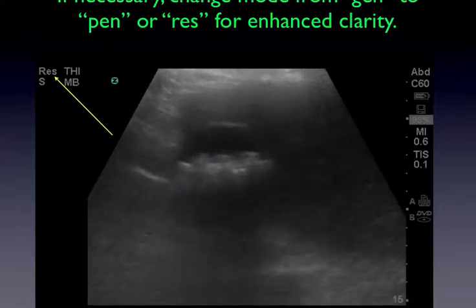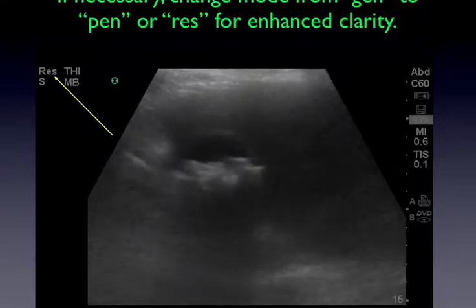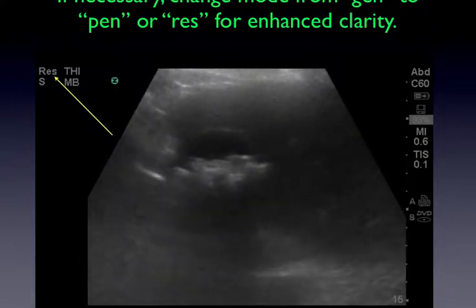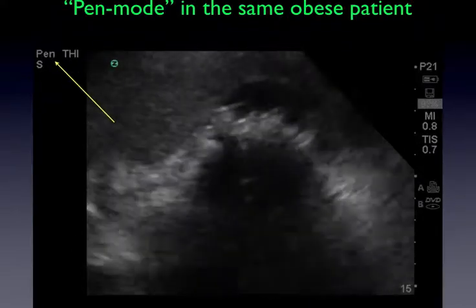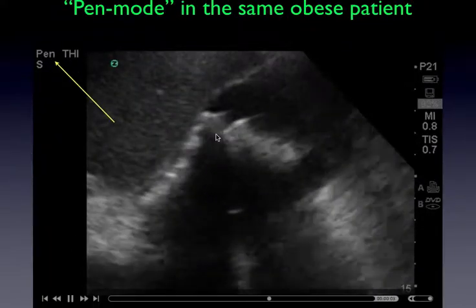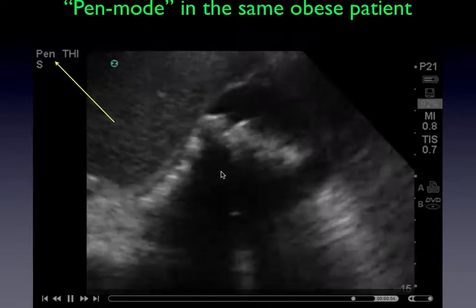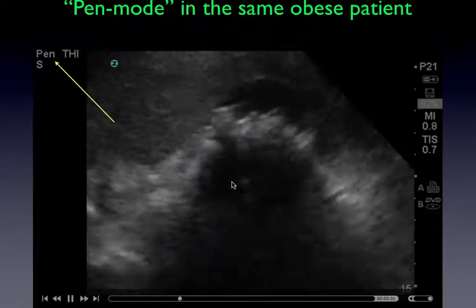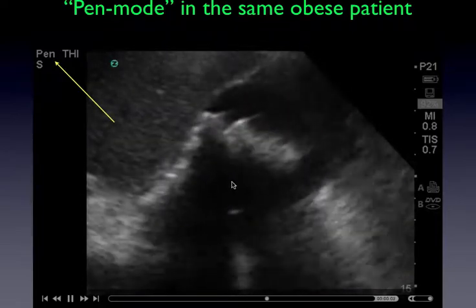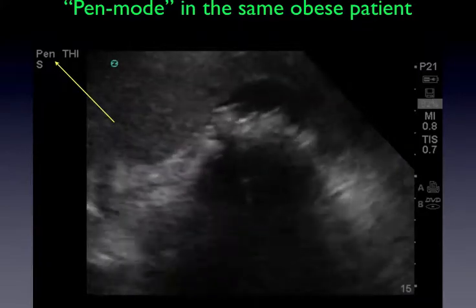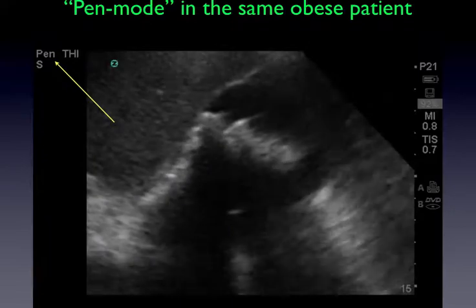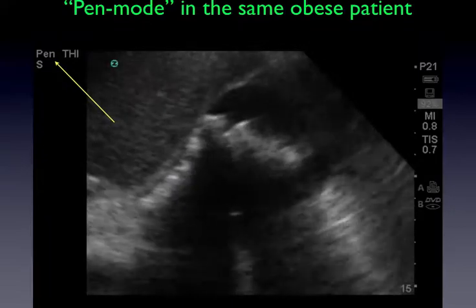So if we change from the res mode, or typically the gen mode, and we go to the pen or penetrating mode, same patient, and now you can see the gallstones and very clear shadowing. So when do I use this? I use the penetrating mode or the pen mode in an obese patient where I can't visualize structures as well as I would like.